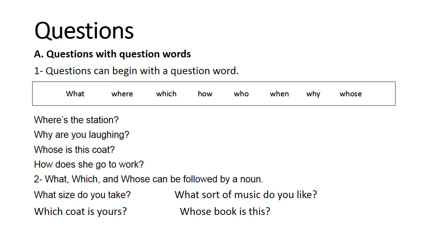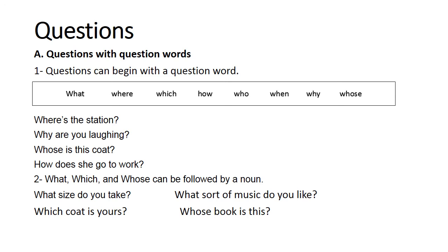All these words can begin a question, and at the end we should put a question mark. Examples: where's the station, why are you laughing, whose is this coat, how does she go to work.